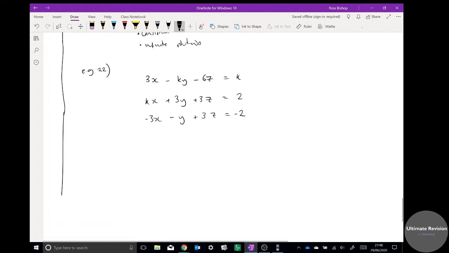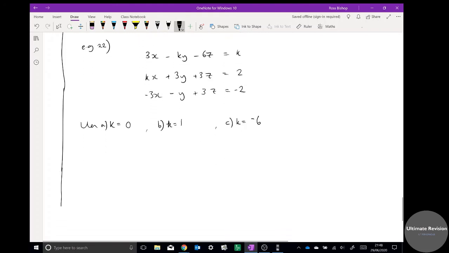We've got that set of equations and planes, and it says solve the equation when k equals 0, when k equals 1, and then when k equals minus 6, and solve it if you can. If you can't solve it, then tell me what sort of system it will be. Is it one of those 5 options?